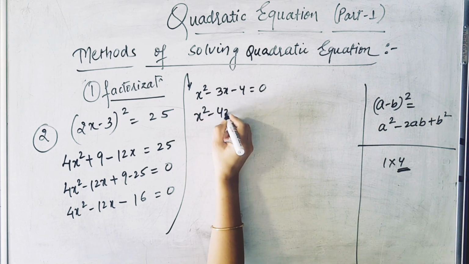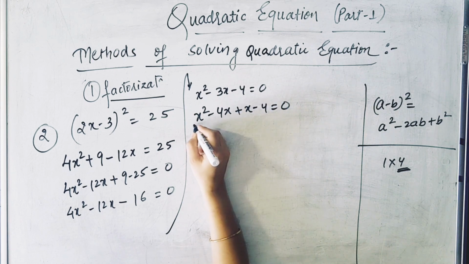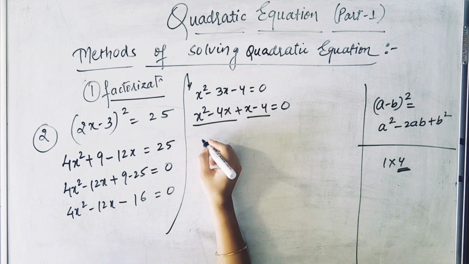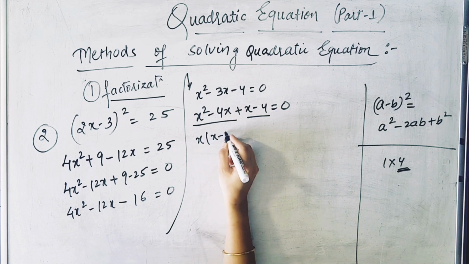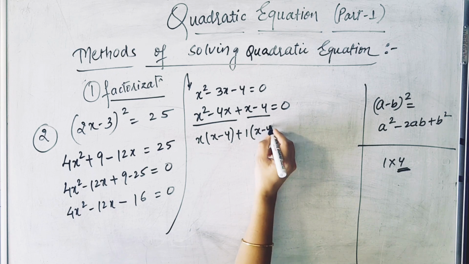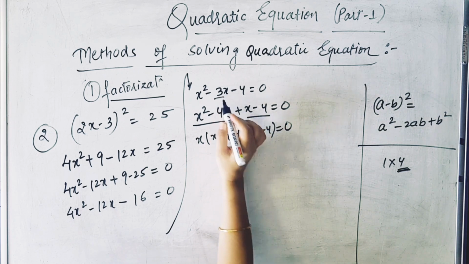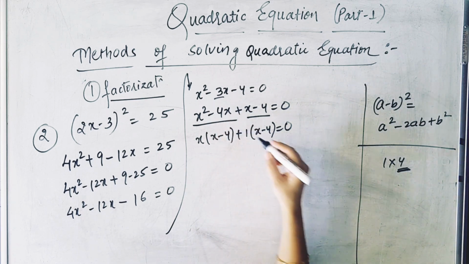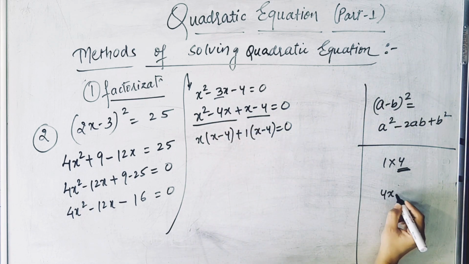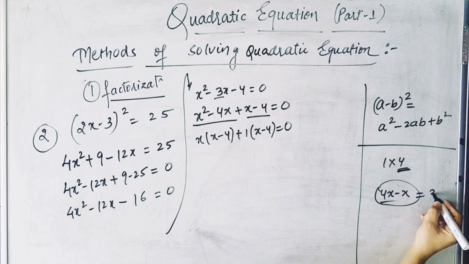x square -4x plus x minus 4 equals 0. Here we'll take x common from here, we'll take x minus 4, 1 common लिया, x minus 4. ये आप ध्यान दीजिएगा, बहुत बार what we do, हम यहाँ पर -4x नहीं करके 4x minus x we do, but in this case we'll get 3x.